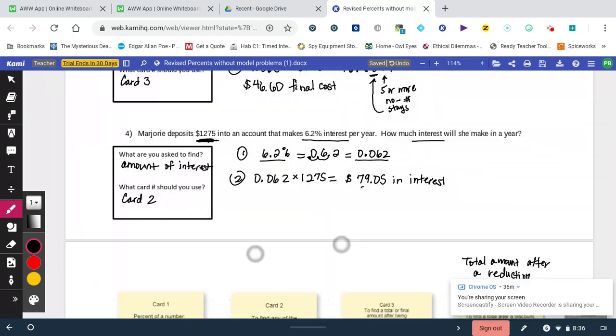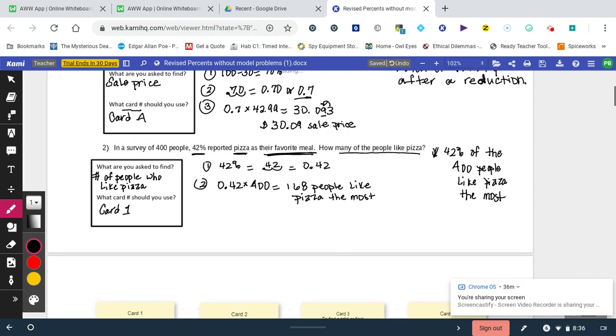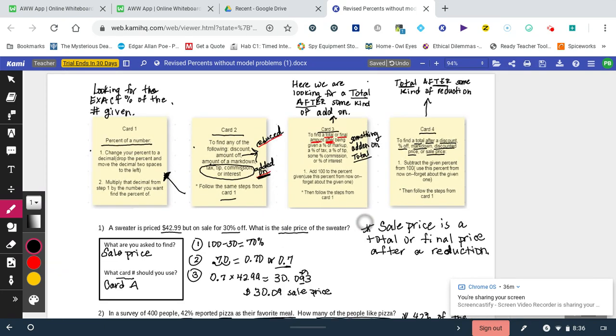I'm going to go back up here so you can see this main card. If you look right here, if you have an add-on that's a tax, tip, commission, or interest, you're going to use card 2. You're looking for just the add-on, or just the reduction.